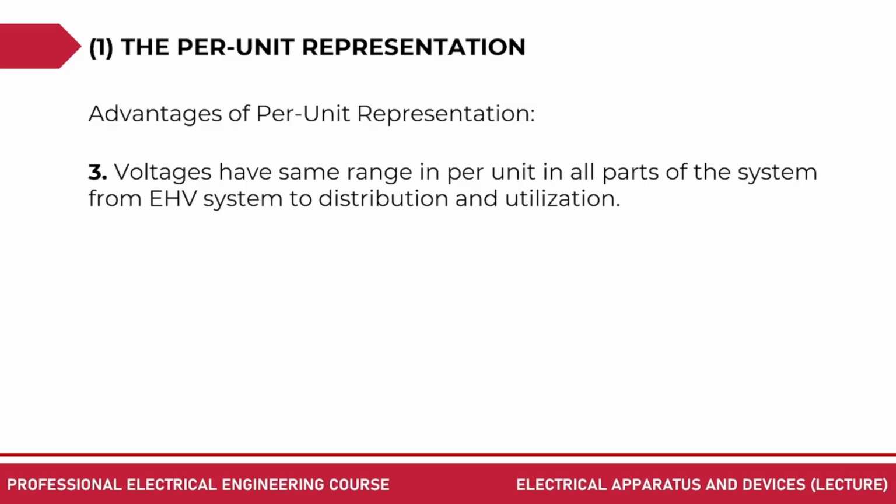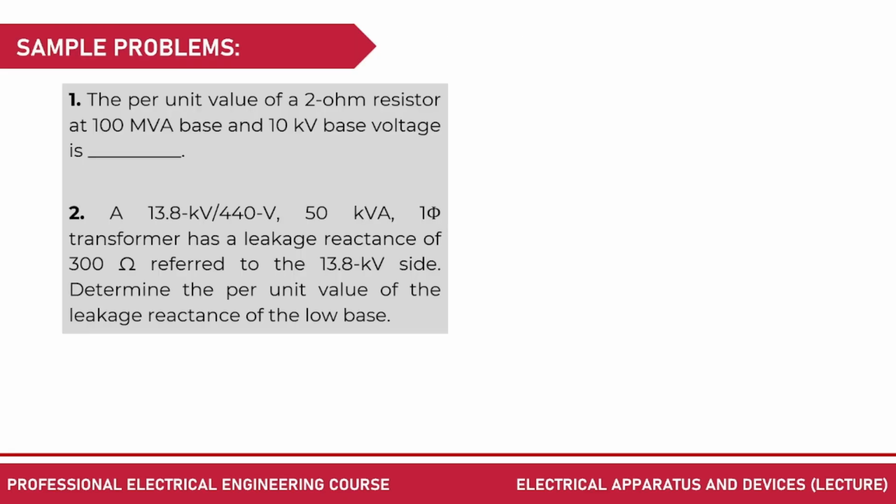Let's proceed with some of the sample problems. For number one, it says there, the per unit value of a 2 ohm resistor at 100 MVA base and 10 kilovolt base voltage is what?